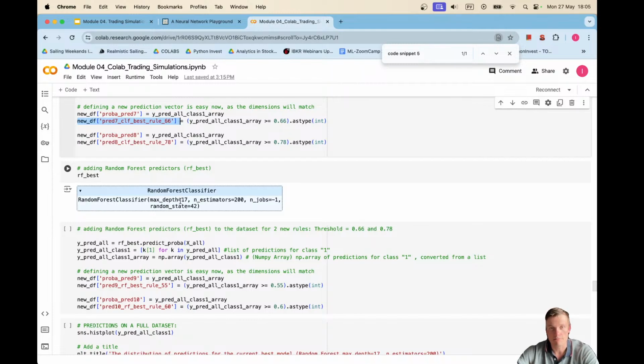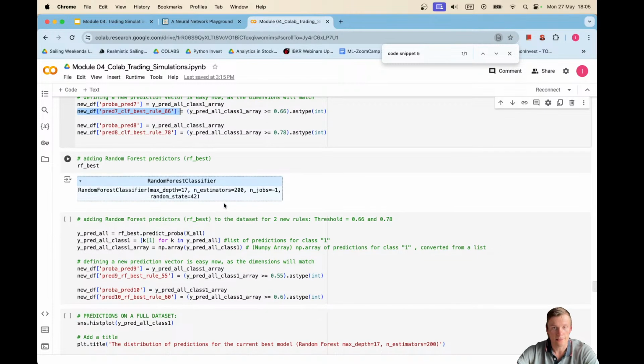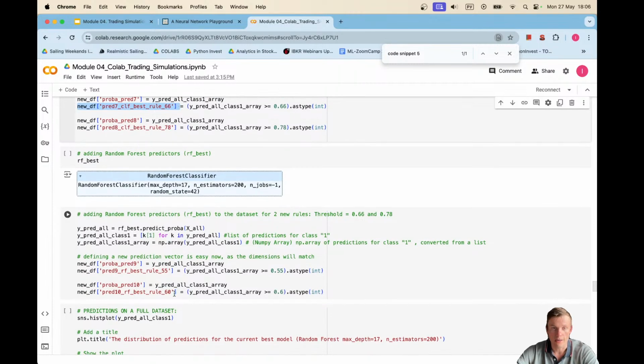It's a more complicated model with a maximum depth of 17 and 200 estimators, and it gave us slightly less precision of 57%. If we increase the decision rule, and here it is 55% and 60%, you can play with these decision rules, and you can understand that if I used 66 or 78%, I wouldn't have any positive prediction.